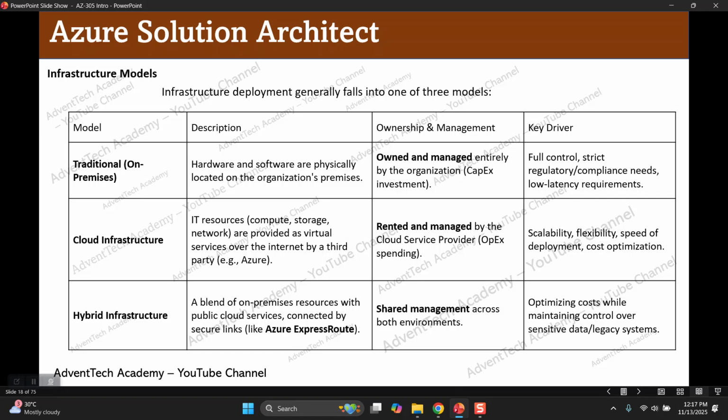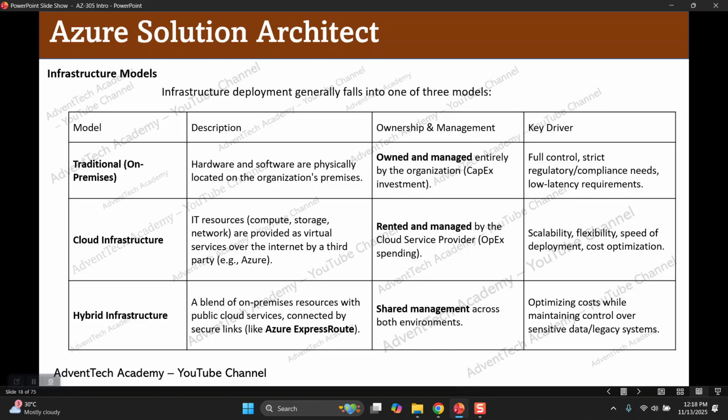So mostly nowadays companies keep their on-premises infrastructures because of the strict regulatory or compliance requirements by the client or partners or government.